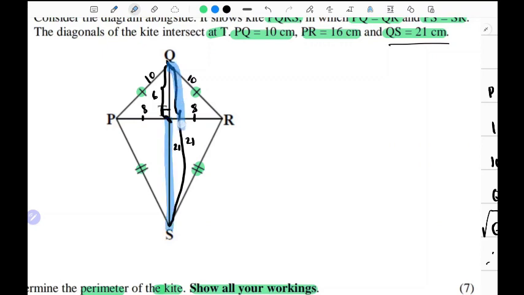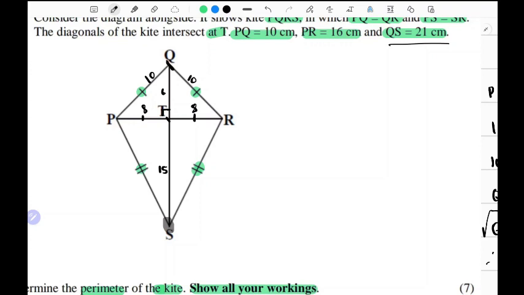Remember, we have the full length here, 21, and we just found QT to be 6, so it means the difference will give us TS here. So 21 minus 6 gives us 15. So it means the length TS is 15.